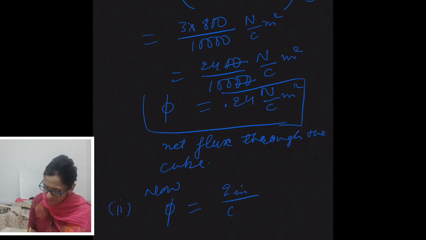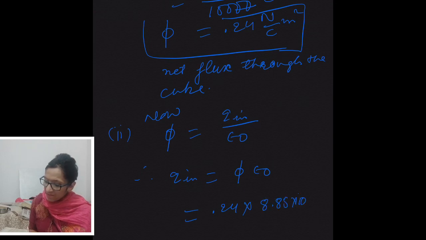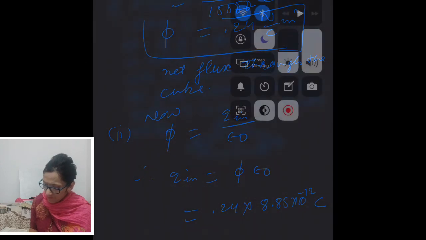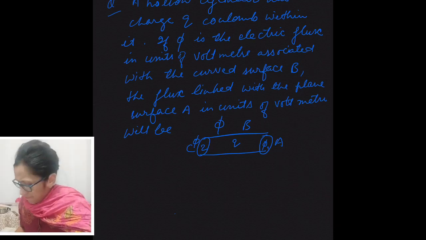Since we know that flux phi is equal to Q enclosed upon epsilon naught, therefore Q enclosed is equal to phi into epsilon naught, and this is equal to 0.24 into 8.85 into 10 power minus 12. This much coulomb.